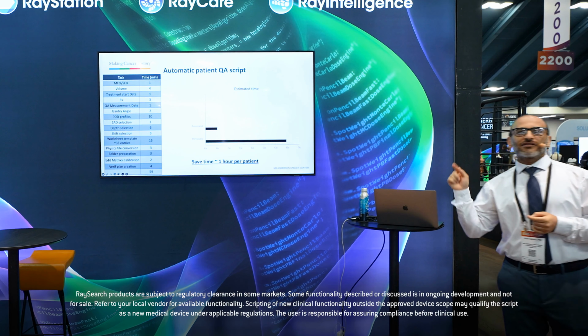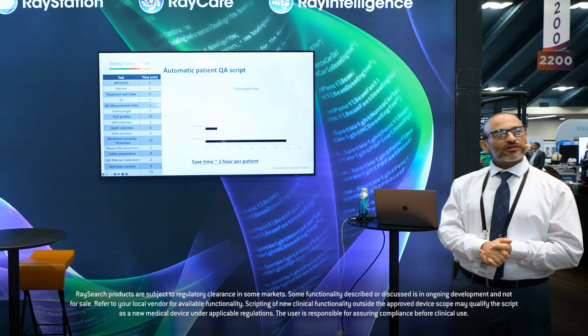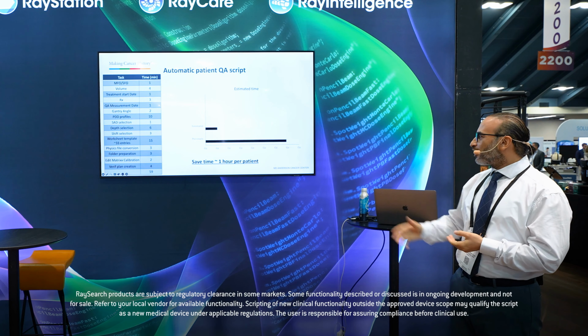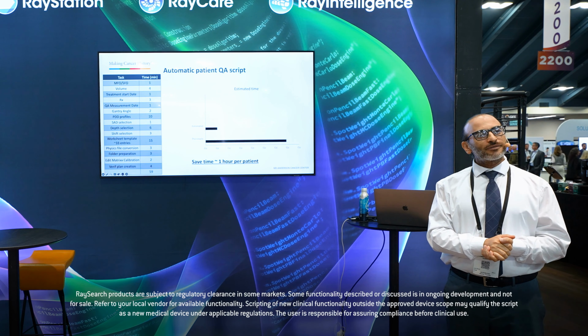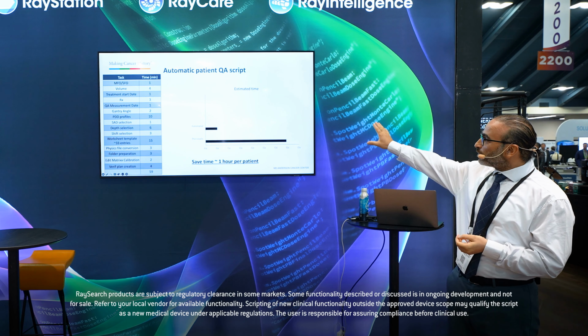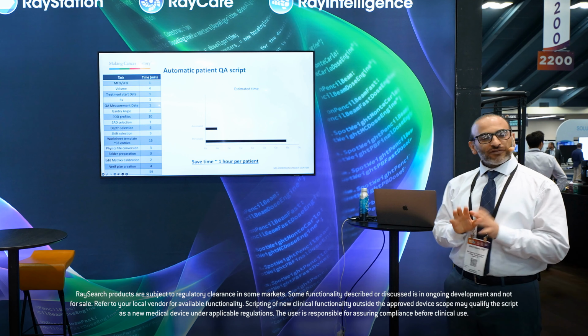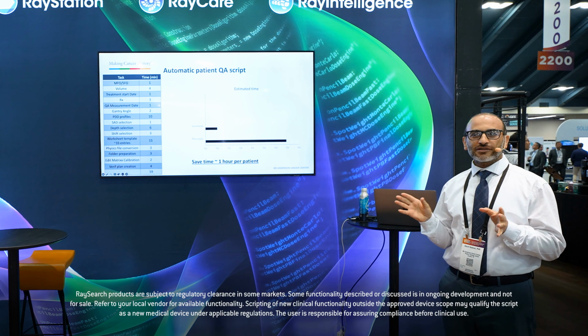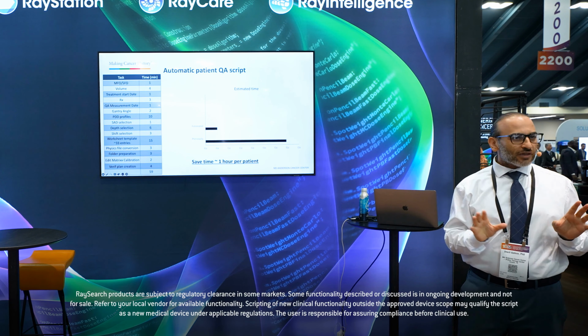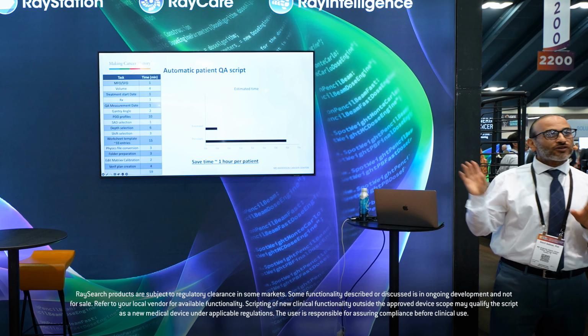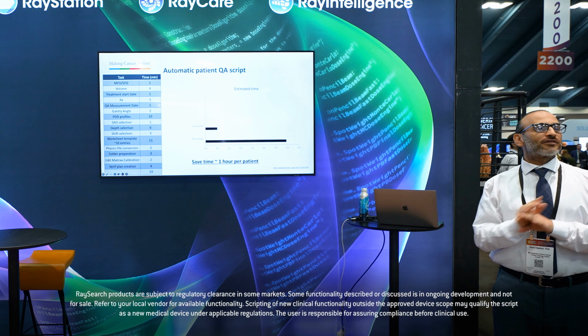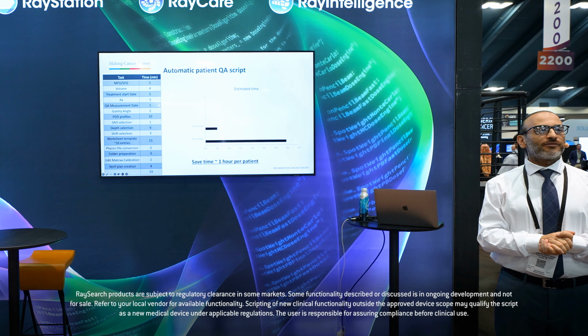And if we add the time that we need to measure the treatment fields, let's say 10 to 15 minutes, then with this automatic patient QA script, we are reducing the time from around 70 minutes to only 10 minutes. So what actually happens is you run the script, you do the measurement, and everything is done.